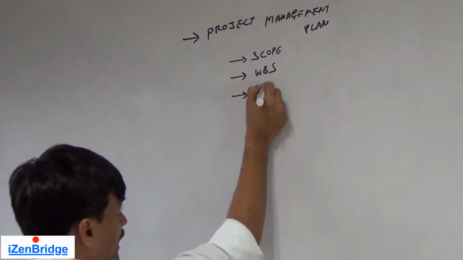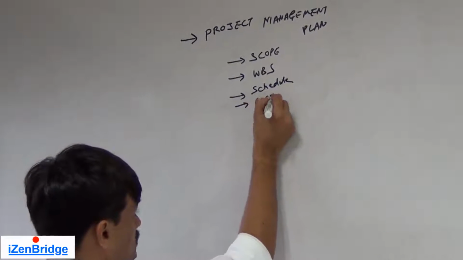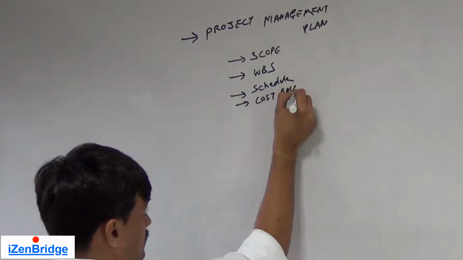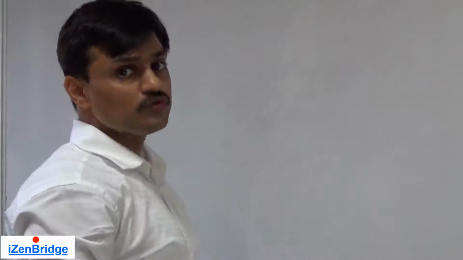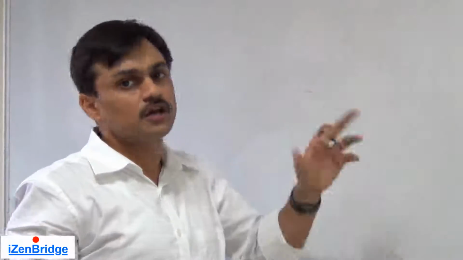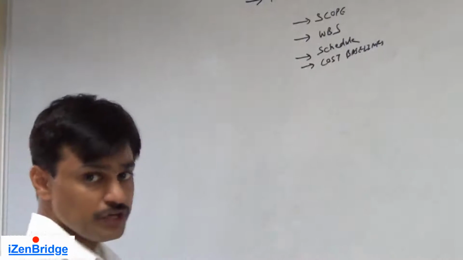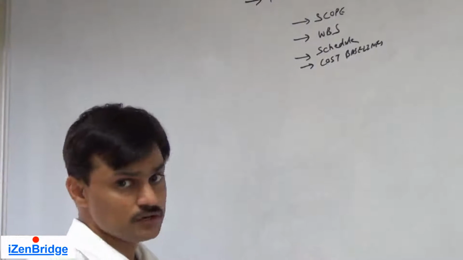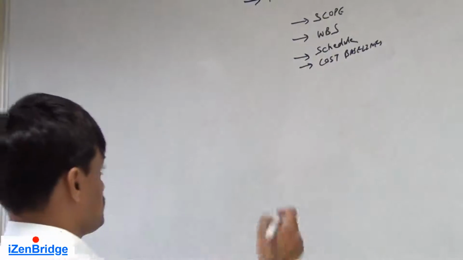We also need to look at schedule and cost baselines. Though schedule and cost related activities are also mentioned as independent inputs, it might be possible that at this particular stage all these things are not yet baselined. Since we are talking about scope, we need to extract the slice of work which we can outsource. We also need to look at requirement documentation.